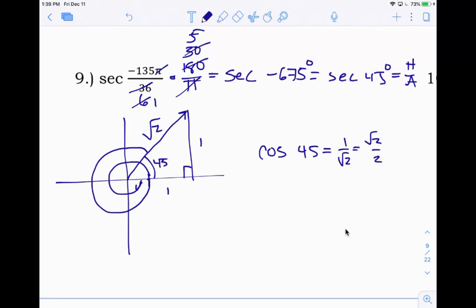And if I flip that, secant of negative 135 pi over 36 is going to be root 2 over 1, or root 2. All that work to get down to root 2. Isn't that crazy? But that's pretty much worst case scenario. About as crazy as it gets.